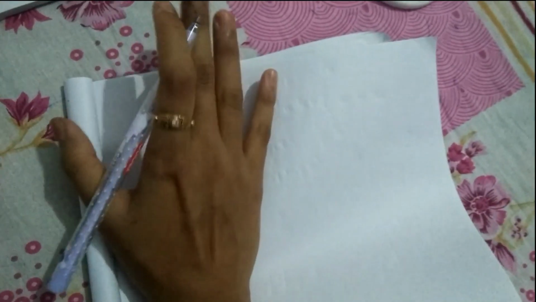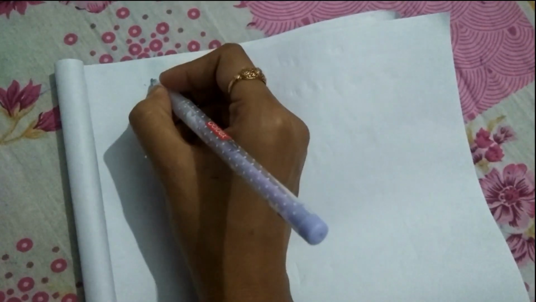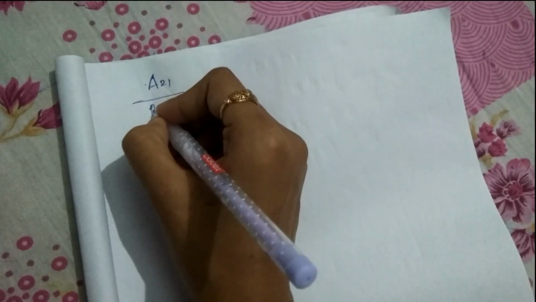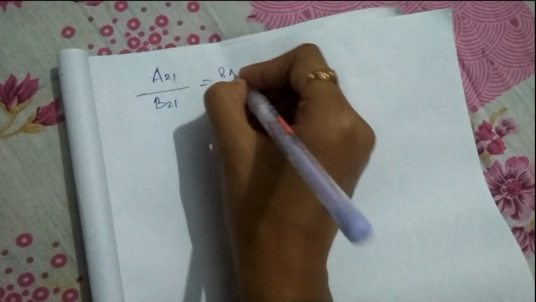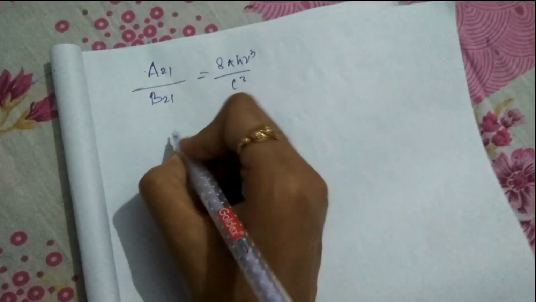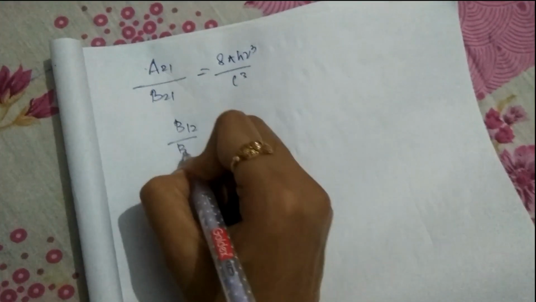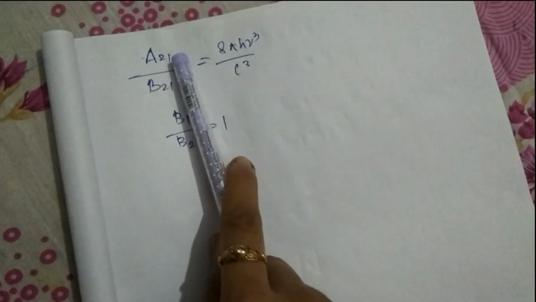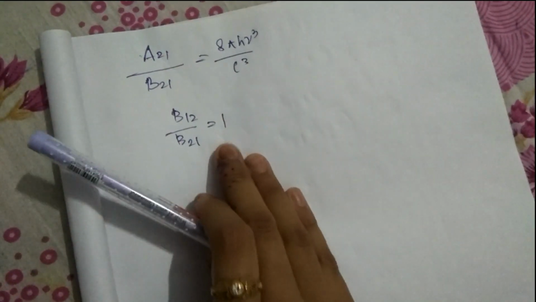So from the Einstein coefficients, we get A21 by B21 equals 8 pi h nu cubed by c cubed, which is the first Einstein coefficient equation, and B12 by B21, which is the second Einstein coefficient equation. From these two equations, we get two necessary conditions.